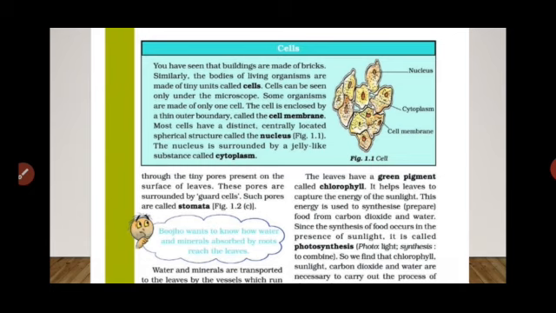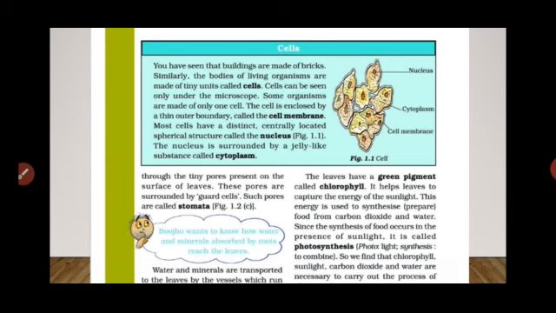If there are no bricks, the building cannot be built. Like that, if human beings don't have any cells, then human beings can't live.